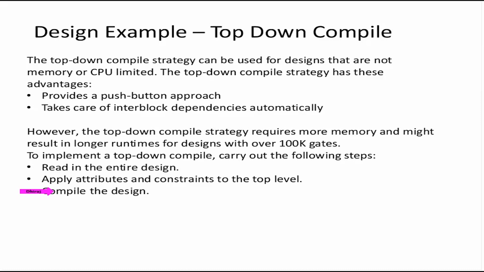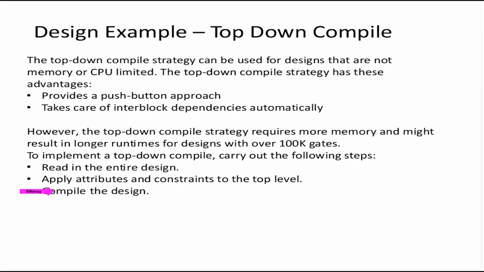Now you do not want that, because even if you have a small problem to fix and the design takes, let's say, a day to compile, then if I issue a command now, I will know only tomorrow what the problem is. So you will waste a large amount of time in debugging such a design. So it is not desirable to have too large a design go through top-down compile. However, in your labs, ideally you would use top-down compile because it is very simple compared to the bottom-up approach, which we'll see and which is slightly more complex.